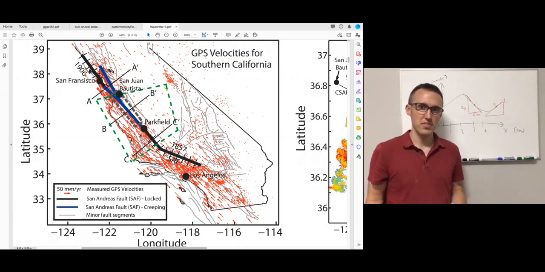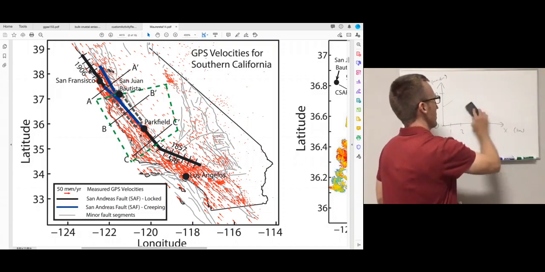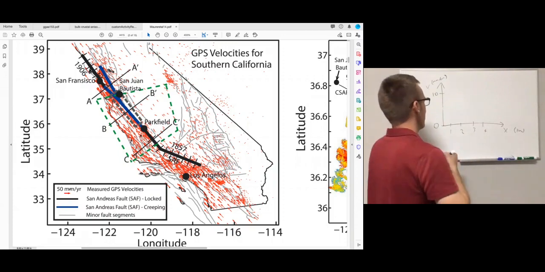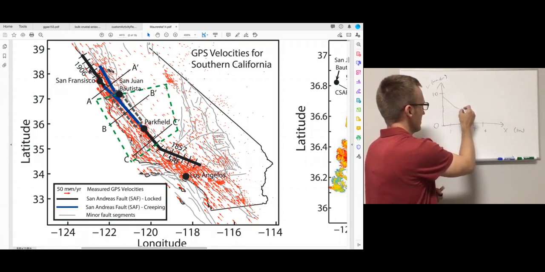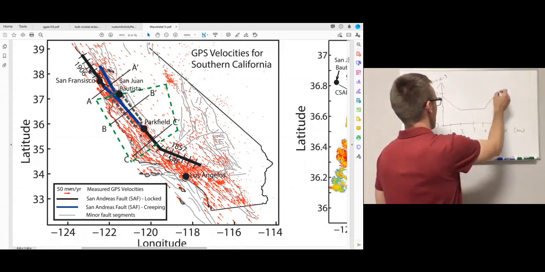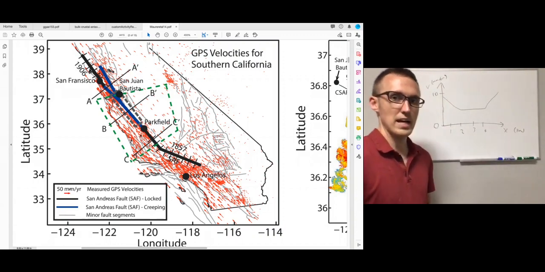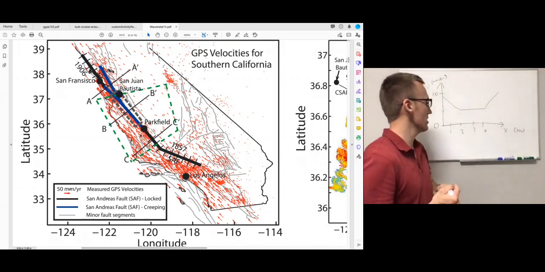And we can actually plot that as a separate curve, where now I'll do it a little bit differently to make it easier on myself. Let's see. So let's go like this, and then let's go like this, and let's go like that. So now the black line is some profile, say velocity versus distance.